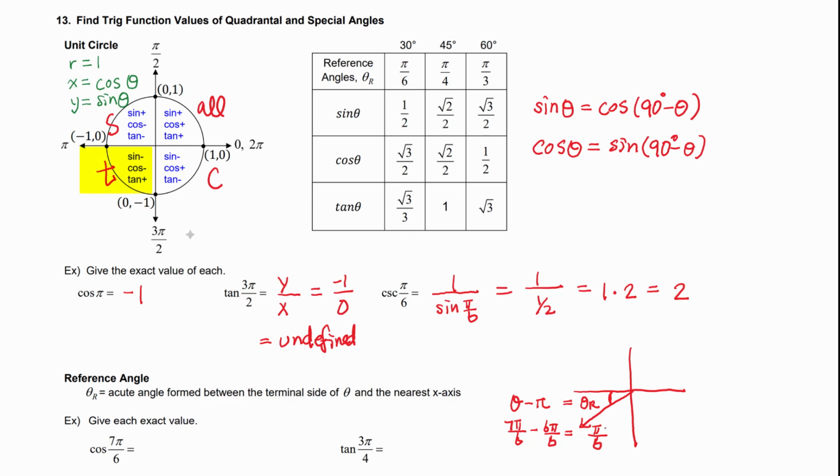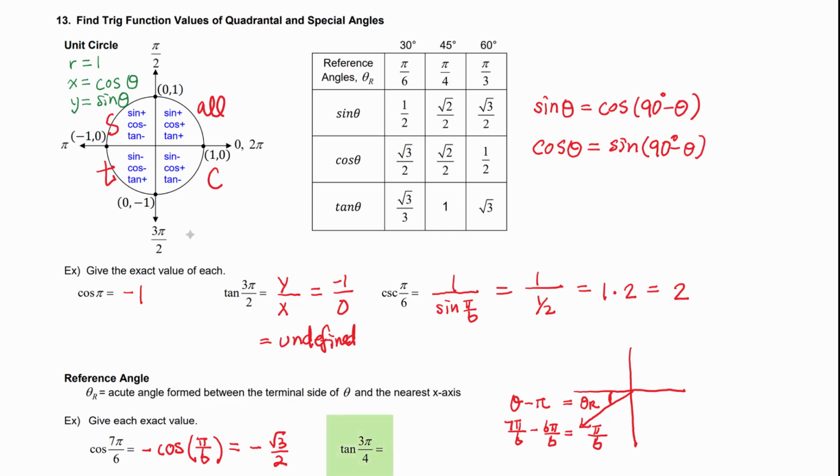And in the third quadrant, you can see that cosine is negative. So this is negative cosine of the reference angle, which is pi over 6. And cosine of pi over 6 is radical 3 over 2, so this is negative radical 3 over 2.